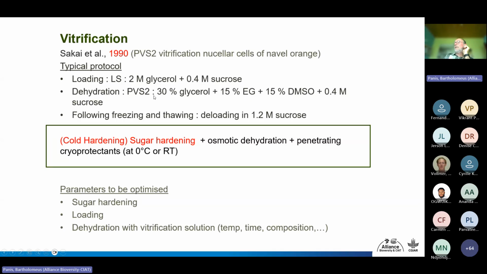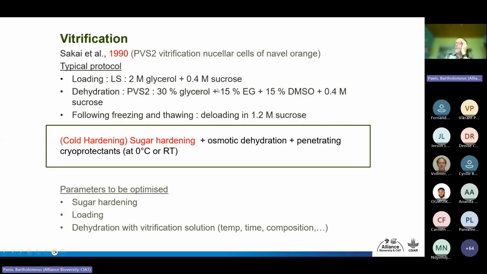But he found out that when you expose meristems or embryos to this solution for times ranging between 10 minutes and 2 hours, you can have vitrification of your cell content even when applying fast freezing.